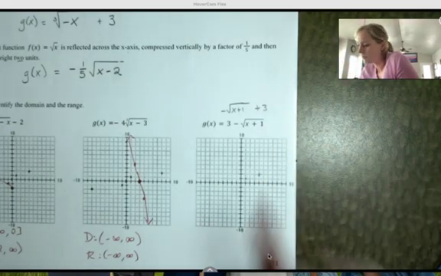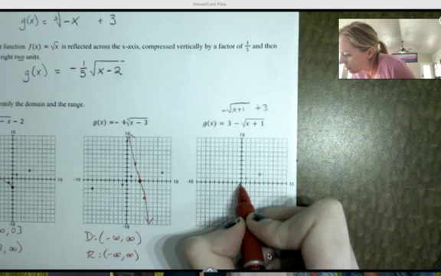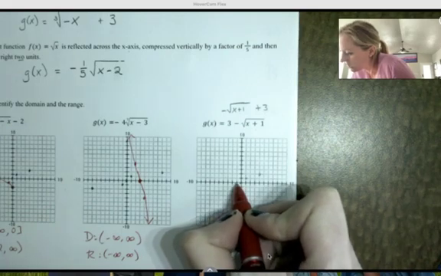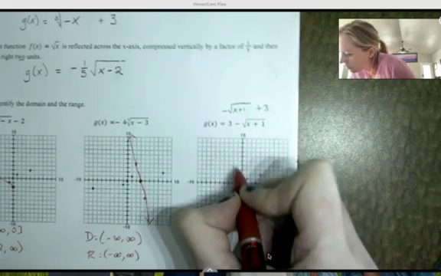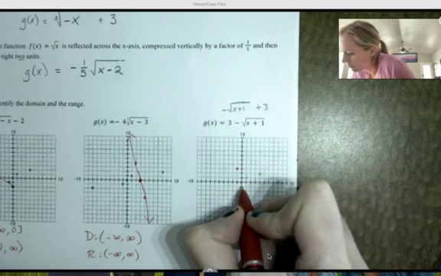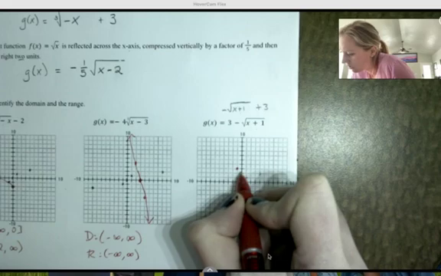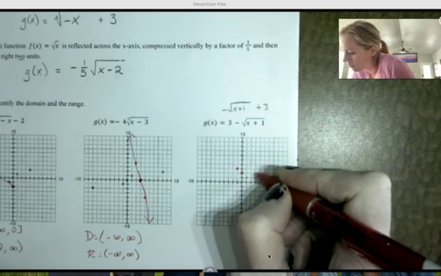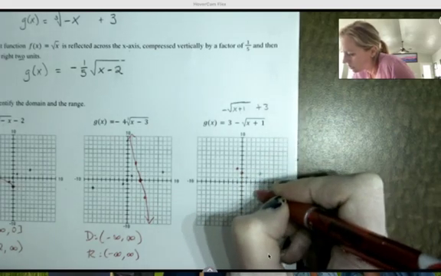We are going to go left 1, reflect, and then up 3. Left 1, reflect, up 3. Left 1, reflect, up 3.